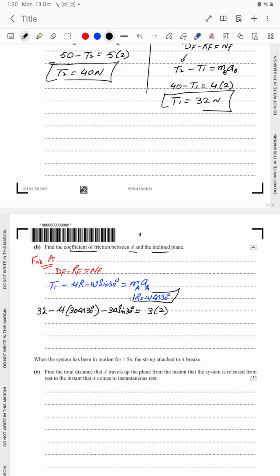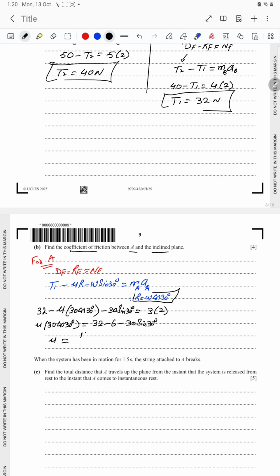Here we can simplify and do the calculation on the calculator to get the marks, but be careful about your calculations. So I can write mu times 30 cos of 30 degrees equals, shifting the rest to the other side, 32 minus 6 minus 30 sine of 30 degrees, and mu can be calculated on the calculator.